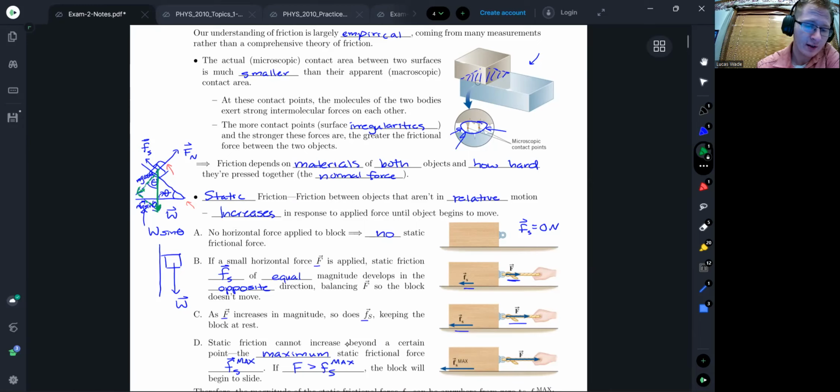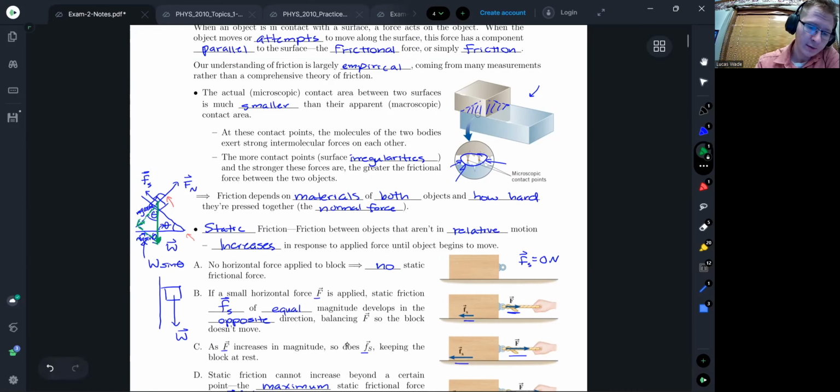It's just balancing out that component mg cosine theta. And so it is very important to remember the normal force magnitude is not always equal to the weight of the object. It depends on what other forces are acting and what their directions are based on what object the object of interest is interacting with.